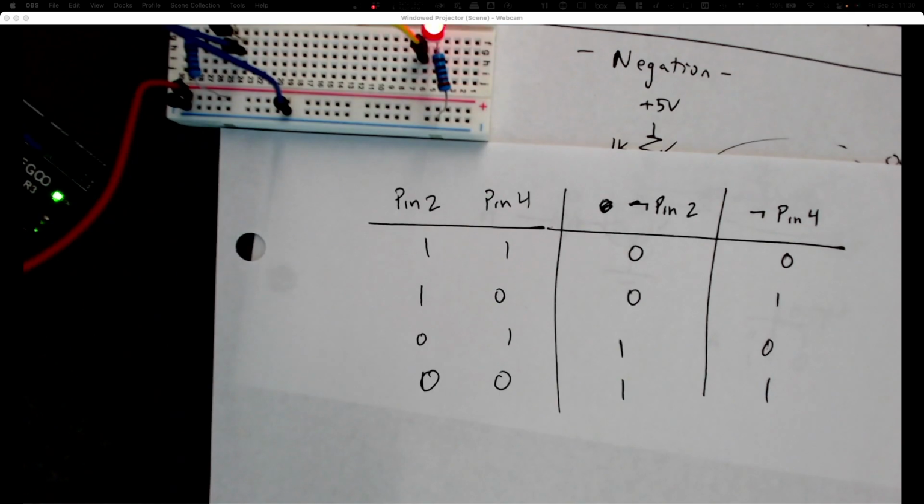Okay, this should be connected to the base, and this should be connected to the collector. So collector and 2 to plus 5 volts.